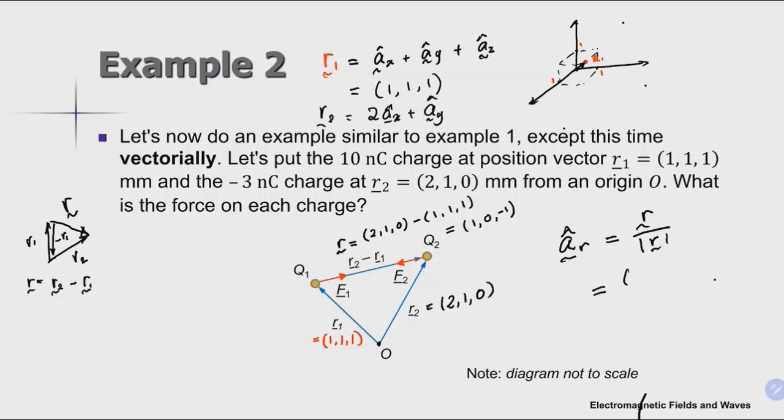So my R vector is 1, 0, minus 1. The magnitude will be the square root of 1 squared plus 0, which is nothing there, plus minus 1 squared. That will be 1, 0, minus 1 over square root 2. And that's my unit vector AR.